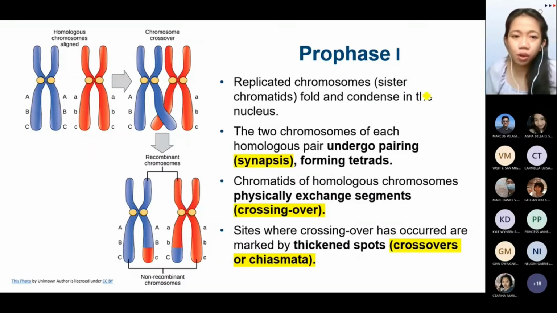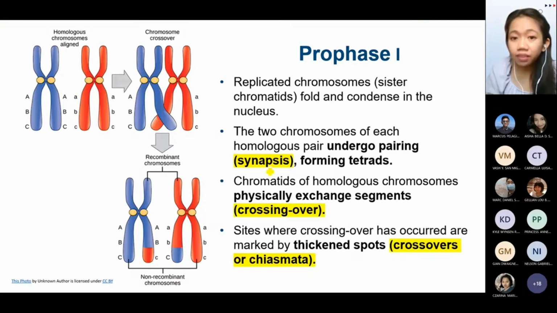So, during prophase 1, this slide details the process of what's going on during prophase 1. Here you have 2 homologous chromosomes, and they start creating tetrads. That process is called synapsis.